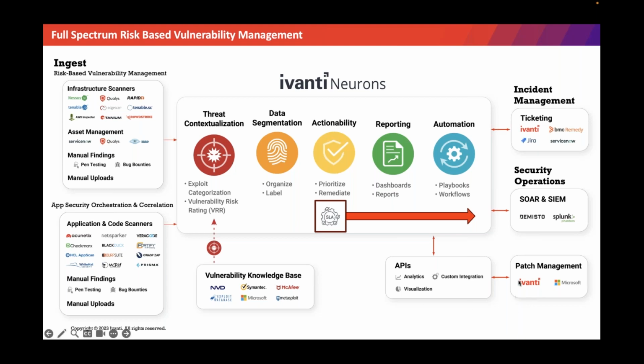And then obviously Ivanti Patch is a market leader and a great way to plug everything in. Essentially, what you're looking at on your screen is a full end-to-end workflow of asset and vulnerability identification, prioritization, and then remediation. Powerful tool.